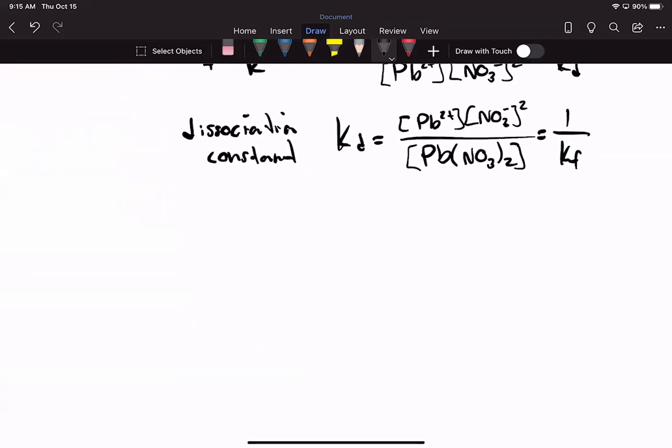I'd like to do a calculation involving this. So let's look at a reaction. How about we take some aqueous cyanide and add it to some zinc sulfide.